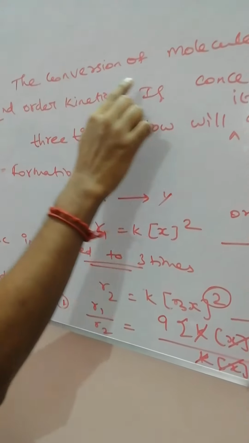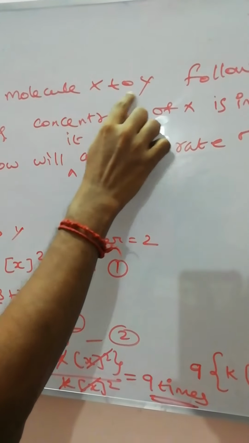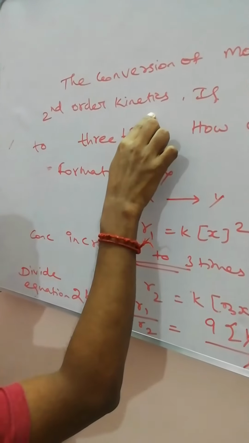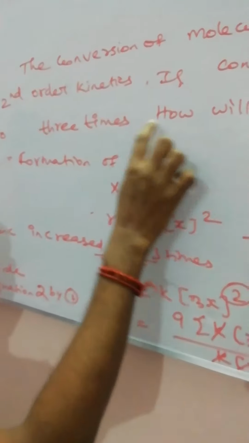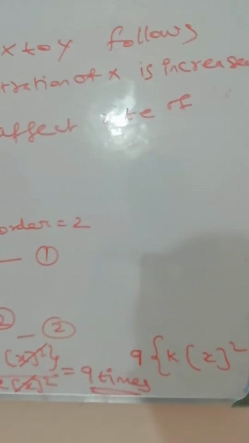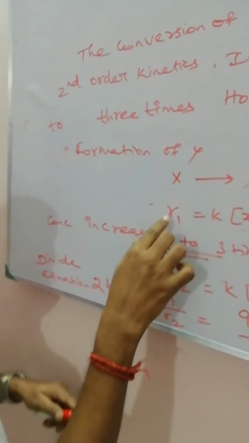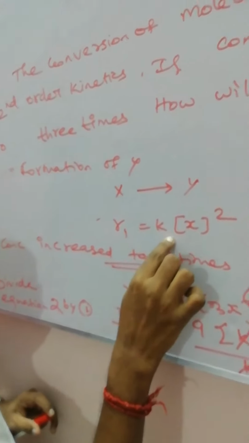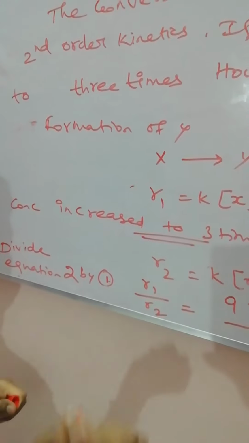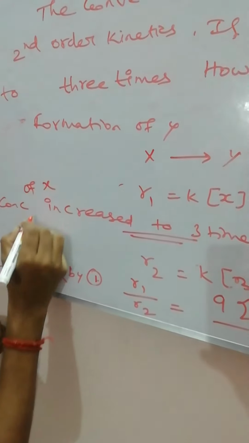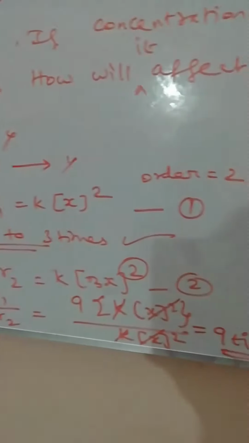The conversion of molecule X to Y. X is a reactant, Y is a product. It follows second order kinetics. The order is also given. If the concentration of X is increased 3 times, how will it affect the rate of formation of Y? Initially rate R1 equals K into X power 2, because the order is 2, given in the question. Second, the concentration of X is increased by 3 times, right?